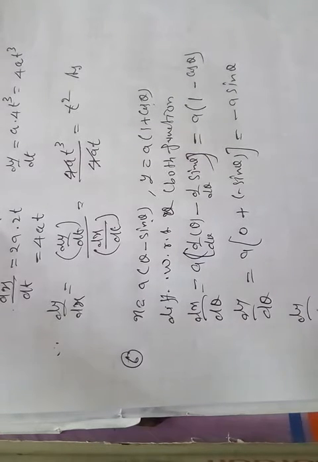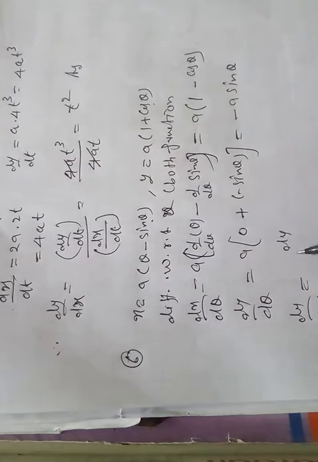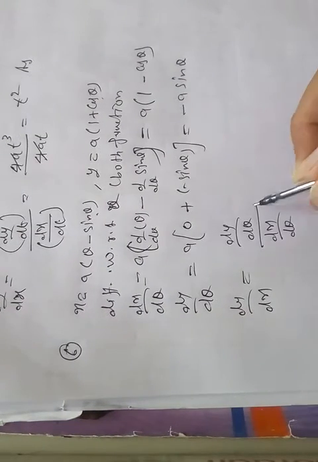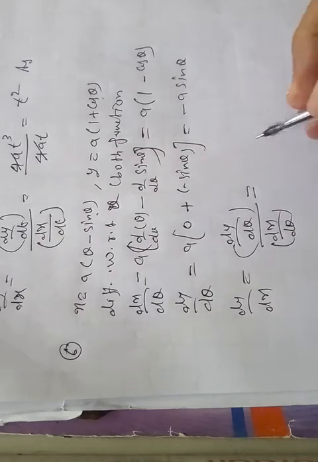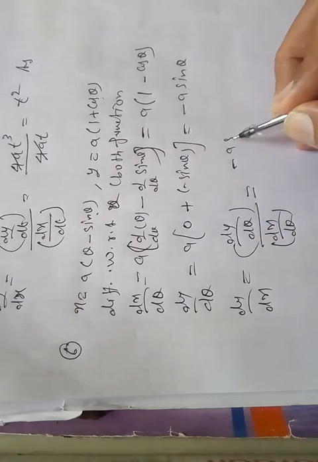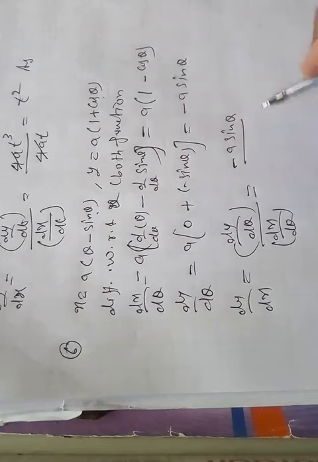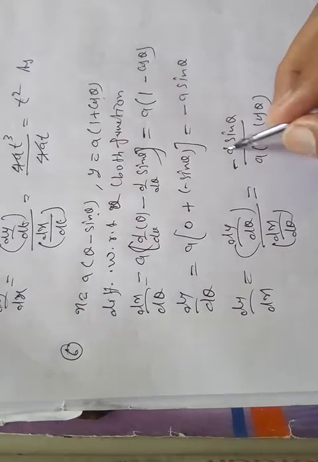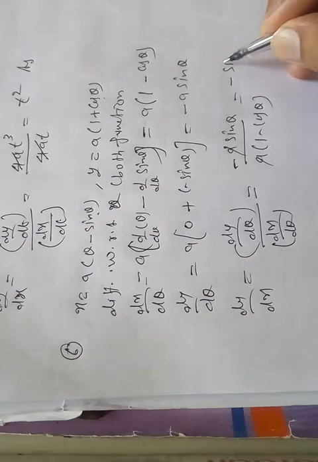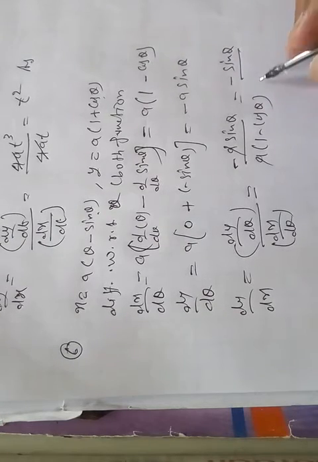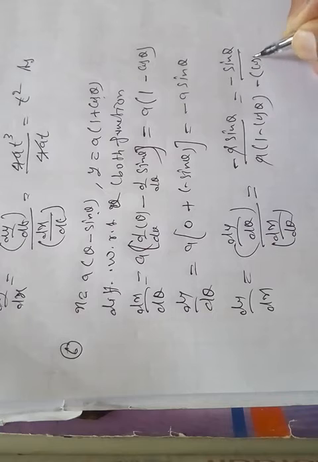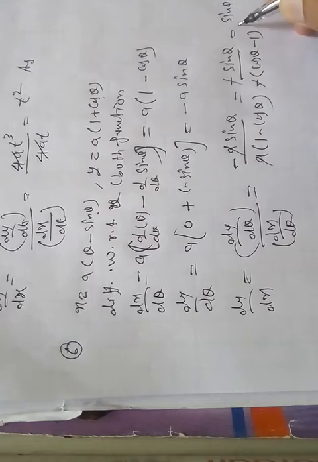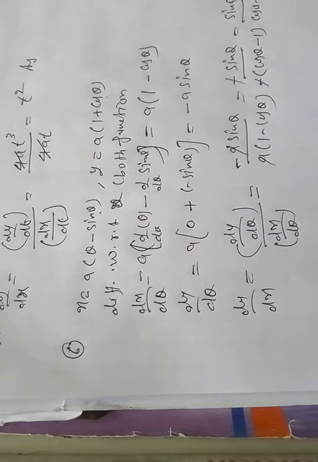Find dy/dx, which equals (dy/d theta) upon (dx/d theta). That is minus a sine theta upon a(1 minus cos theta), which equals sine theta upon cos theta minus 1.